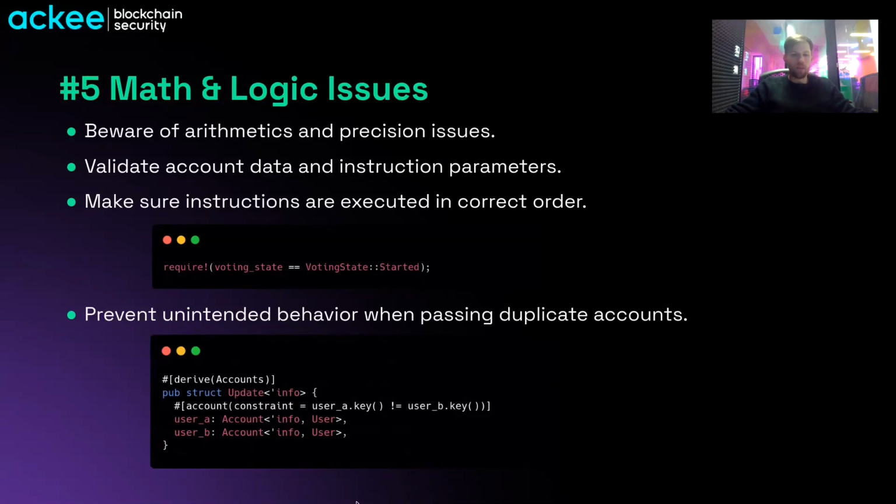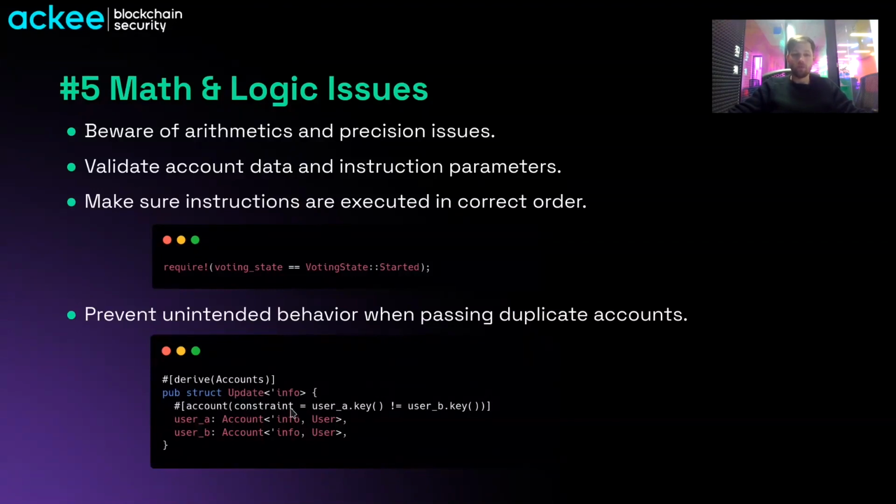The accounts do not have to be mutable, but very often you want to have, for example, user A and user B, and there is some action that happens, but you don't think about the situation if somebody will supply the same account for the user A and user B. So this is something that you should have in mind, and again, the best thing is to do the proper testing for that.